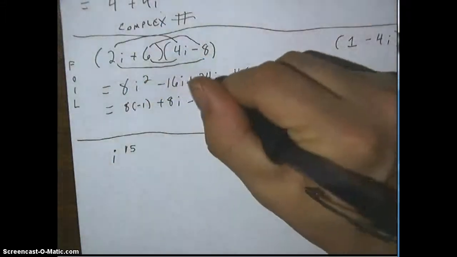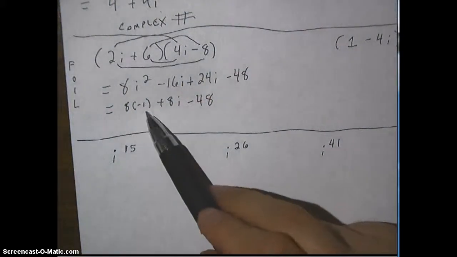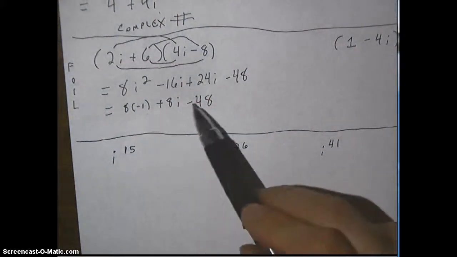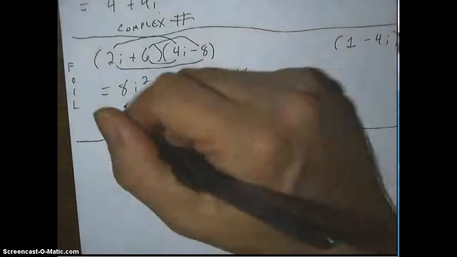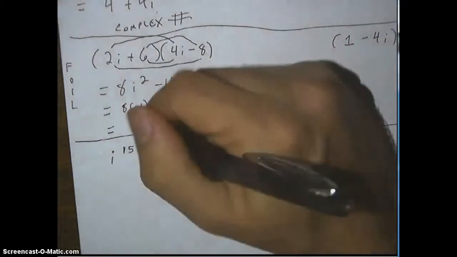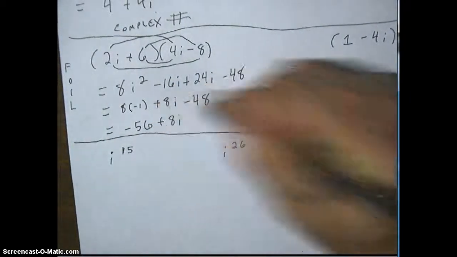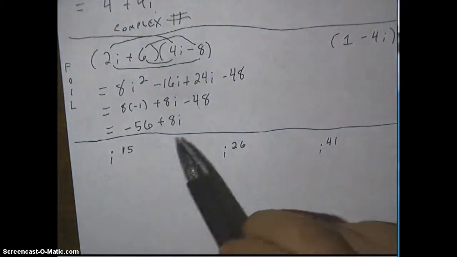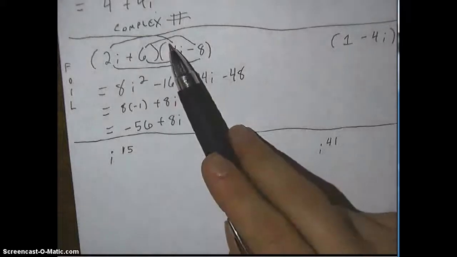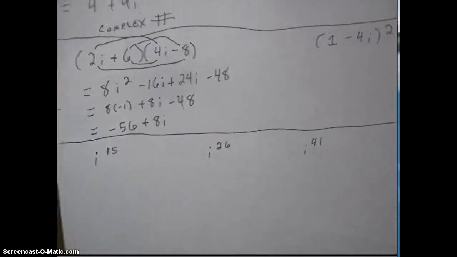And I've got a negative 48. This 8 times negative 1, that's just negative 8. So I should combine that with this negative 48. So negative 8 minus 48 is negative 56, and I still have that plus 8i. So when you multiply two complex numbers together, it's going to result in another complex number.